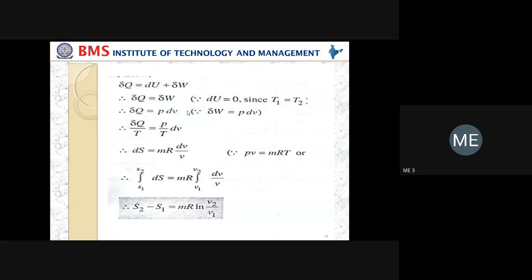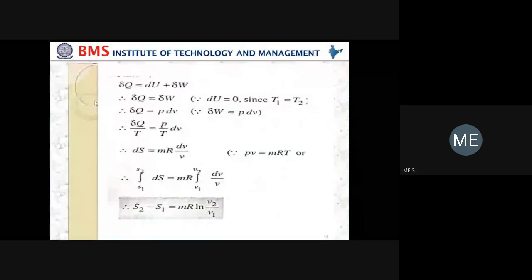You have to remember the standard formula for internal energy: dU equals mCv dT, whatever the process is. Like that, we have dH equals mCp dT.